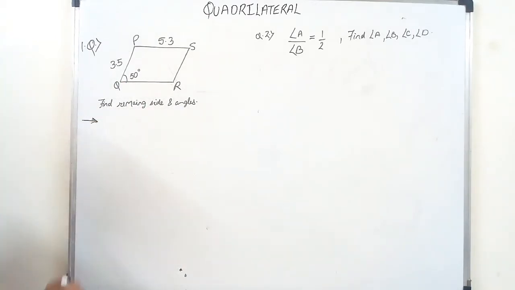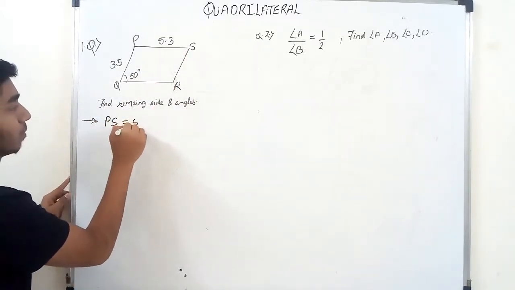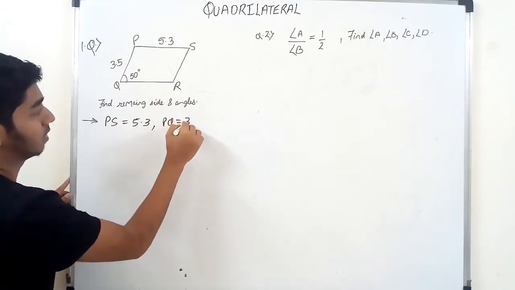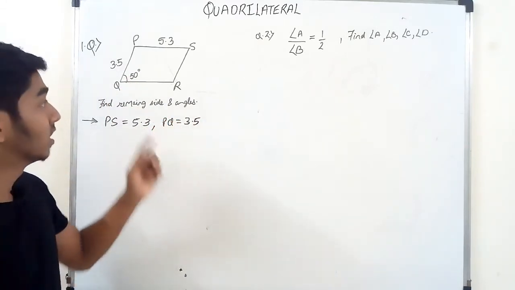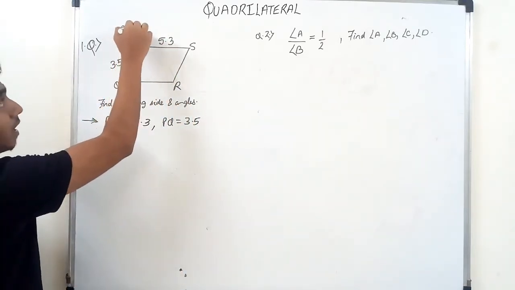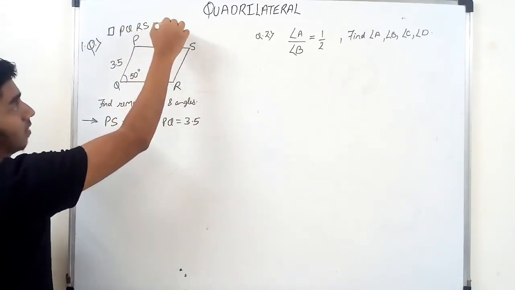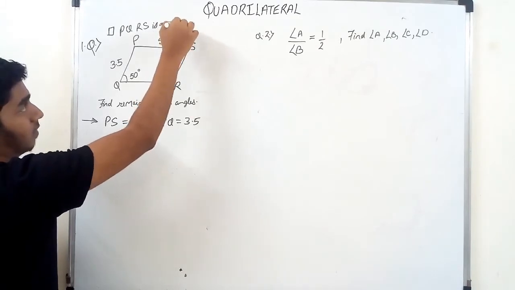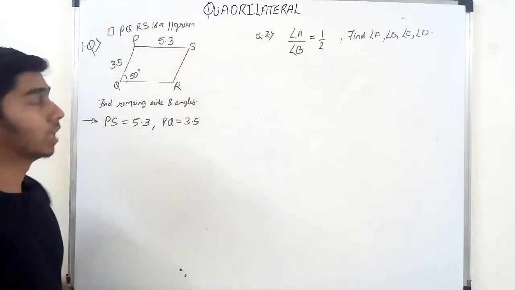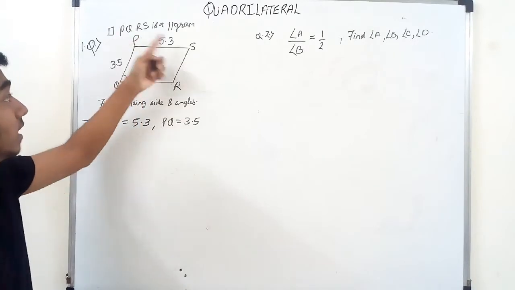So here, PS is given as 5.3 and PQ is 3.5, correct? Now you already know that this PQRS is a parallelogram.